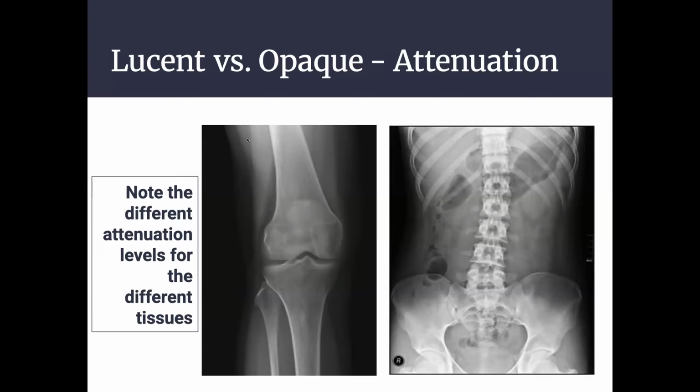So here we have muscle, and this is our bone, and you can see the patella here because it's increasing the thickness, so it looks a little whiter here than it does in the surrounding bone because there's two bones, one in front of the other. In between here, it looks blacker because that's a space of soft tissue.